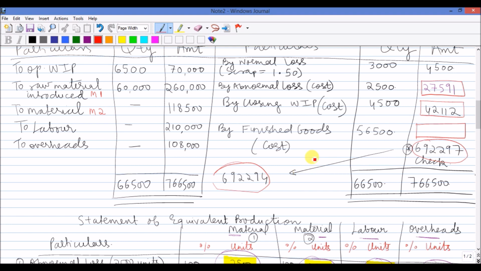So there is a difference of 97 minus 94, a difference of 3 rupees, my friends. This 3 rupees is because of the rounding of the difference. So I can write the same thing, 692,297, and you know that there is a difference of 3 rupees. This is our actual calculation, and this is what we should have got.